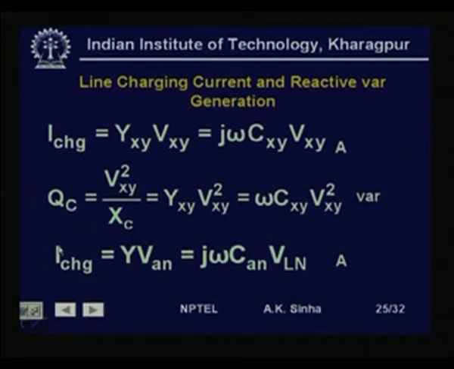And if we are looking for the charging current to the ground, then this will be equal to y into VAN. This will be equal to j omega CAN into the voltage between line and the neutral. Once we know this current, we can multiply it by another V, that is, j omega CAN into VLN square, which will give us the reactive power generated by this line.